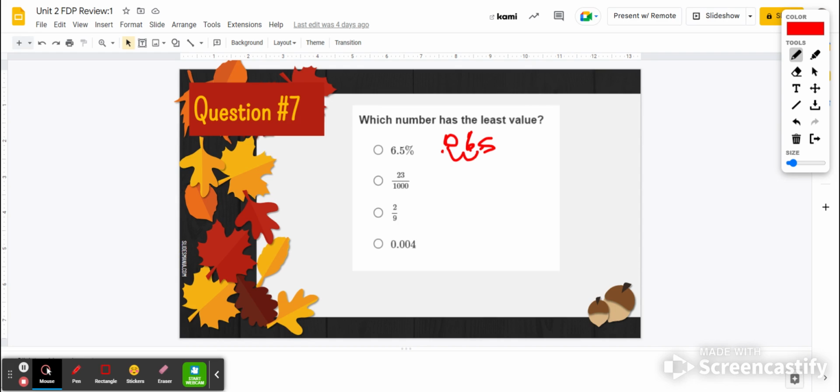So I'm going to write that. Let's put our 0 here. 0.023. 2/9 we remember is a repeating decimal, and we know that we just repeat that top number. And then 0.04. So my one with my least value is 2/9.